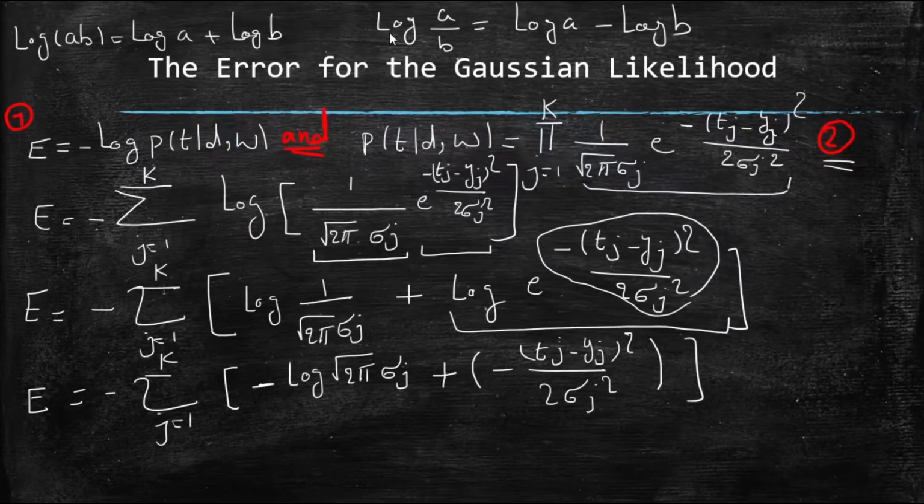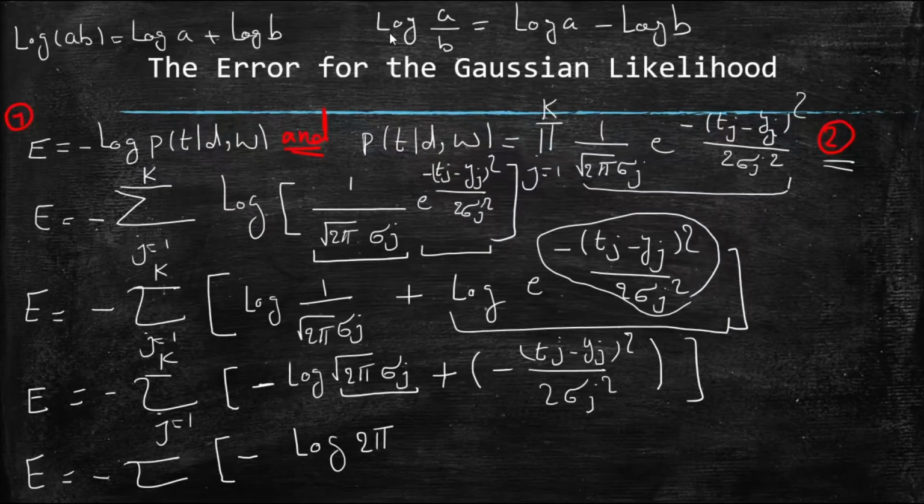And what we will end up here would be, so the error would be minus, again, the sigma, j equals 1 to k, multiplied by, now, let's do something interesting. So that would be minus, let's consider the square root of these two, I mean 2 pi sigma j squared.